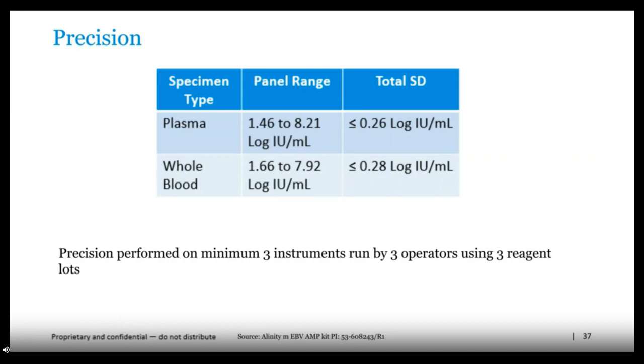Total standard deviation was measured much in the same way as it was measured for cytomegalovirus. And you can see that the total standard deviation here in plasma is less than or equal to 0.26 log international units per mL and 0.28 log international units per mL in whole blood.